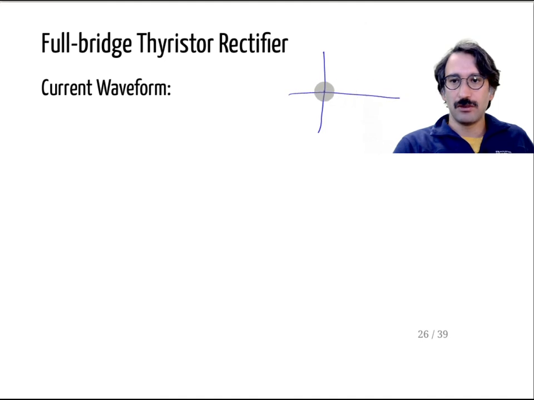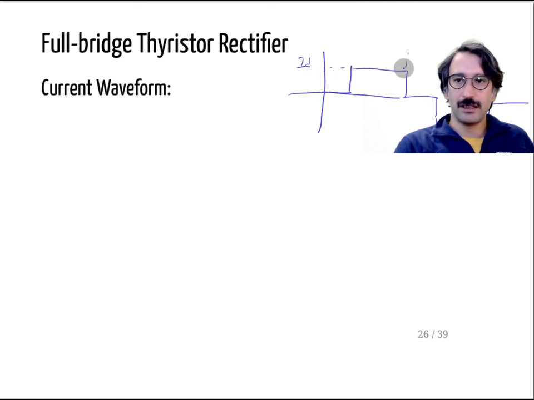So if you have that kind of waveform where you have the ID, and that one is 120 degrees, and that one is 60 degrees off, and another 120 degrees minus ID.